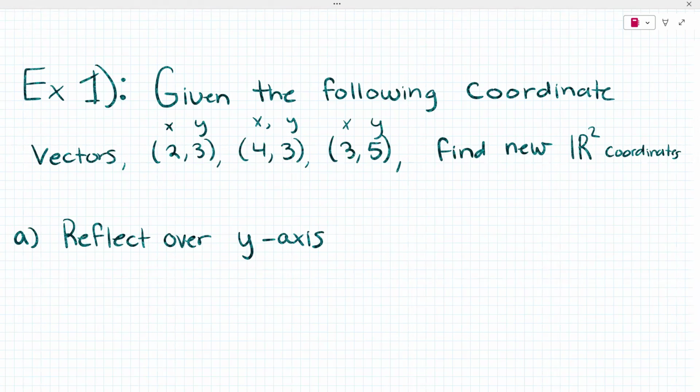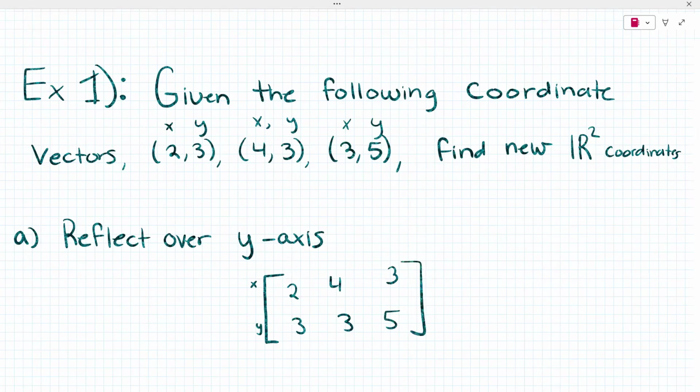If we're going to reflect it over the y-axis, we can write these numbers as a matrix. It would be 2, 3, where this is your x column and this is your y column, and then keep on going. The next x is 4, the next y is 3, the next x is 3, the next y is 5.